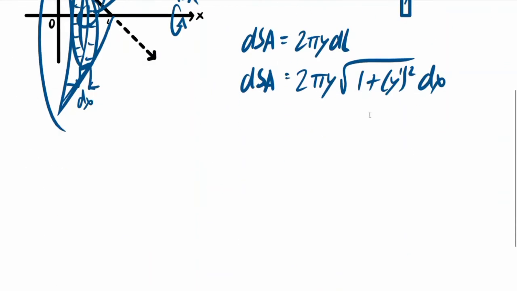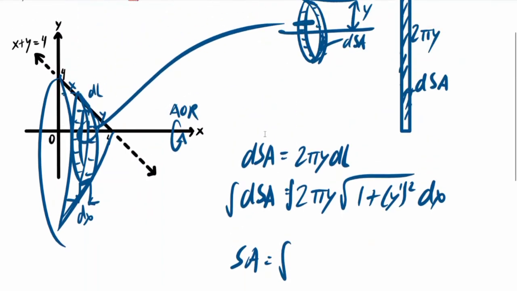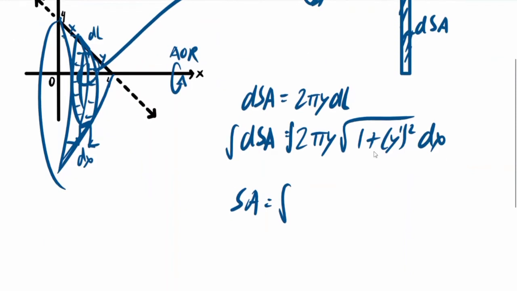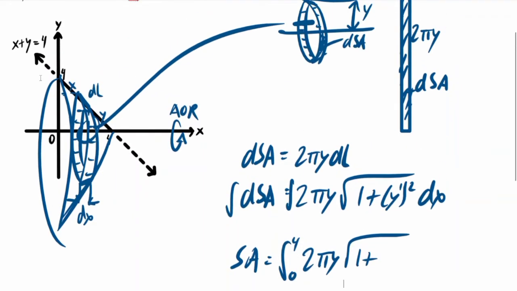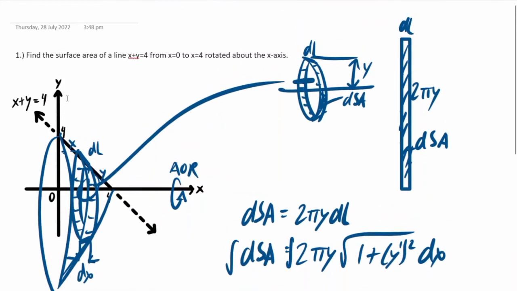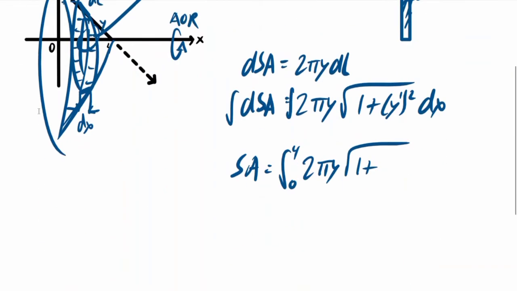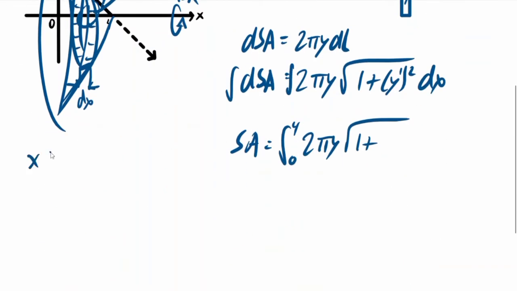Now find the integral with limits from a to b, and our limits here are 0 to 4. 2 pi y, 1 plus, substitute y prime. Our y here is our given line, x plus y equals 4, right?